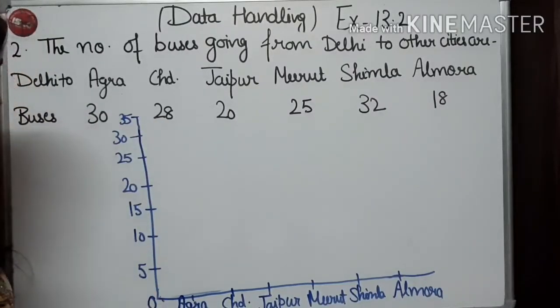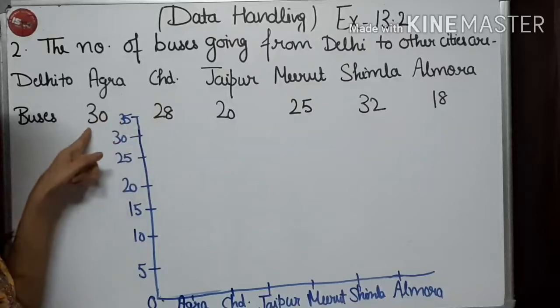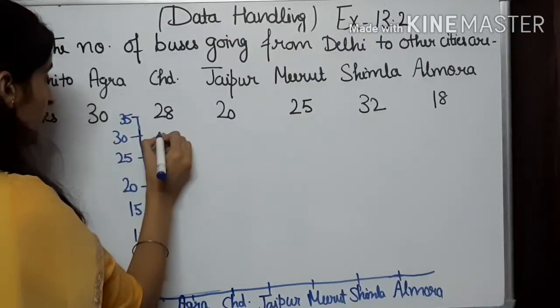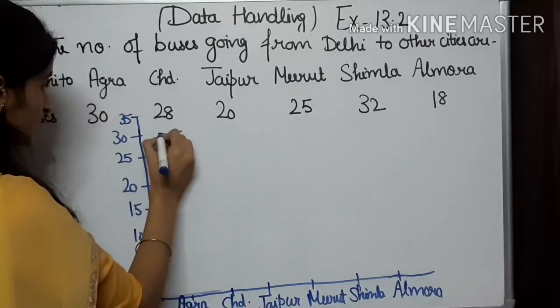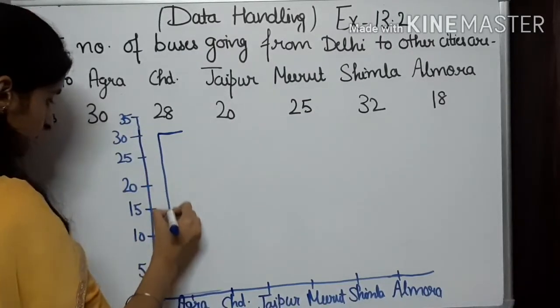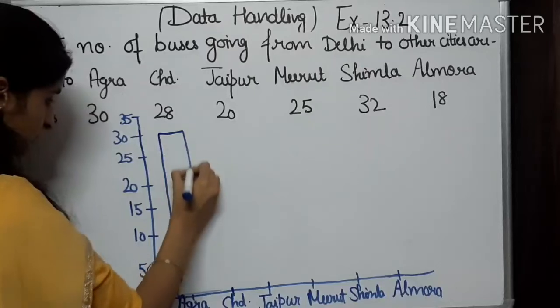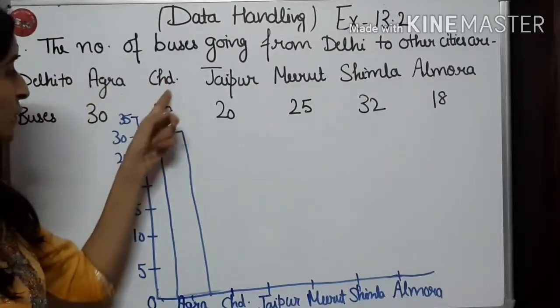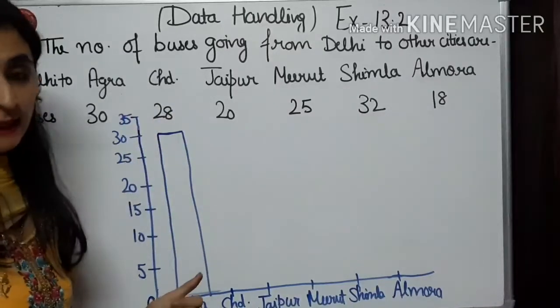So now first of all, Delhi to Agra there are 30 buses. So the bar will be till here. Then from Delhi to Chandigarh there are 28 buses.